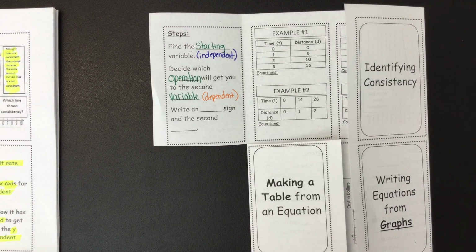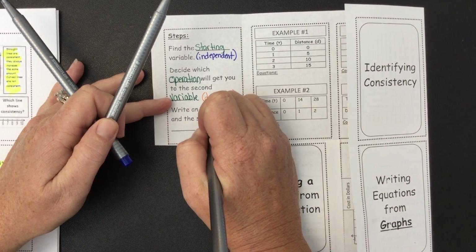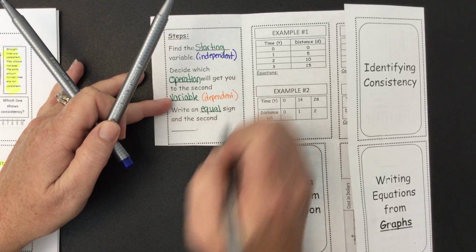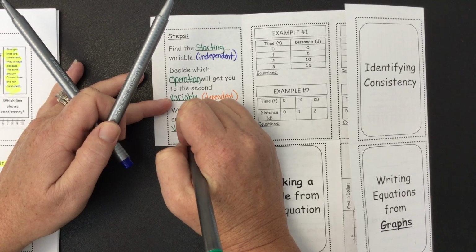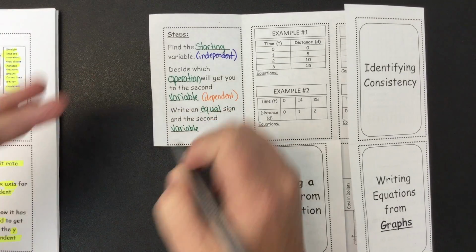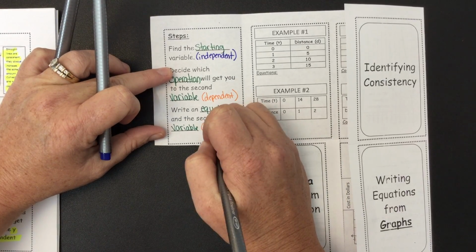Figure out what operation gets you from the independent to the dependent. And then I'm going to write an equal sign. And then the second variable. And the second variable was which one? Independent or dependent? Dependent.